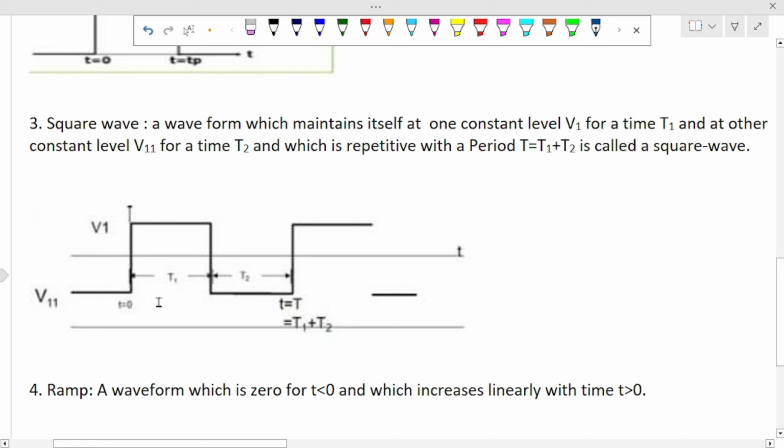This we can say is a complete square, because if you put this together, as we drag this one back, you get a complete square. So this is just one part of the square and then a complete square. You have to sum up t1 and t2 to give you what T is. That's one period. So that's how a square wave is.